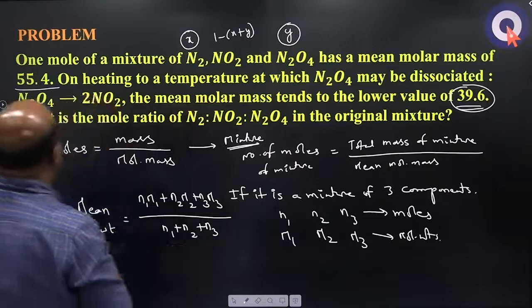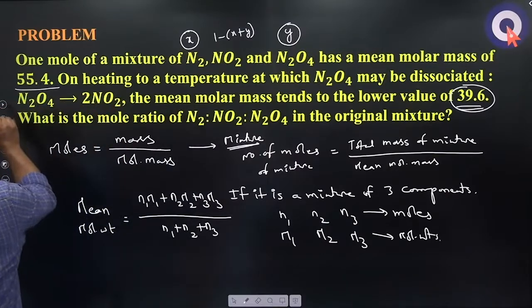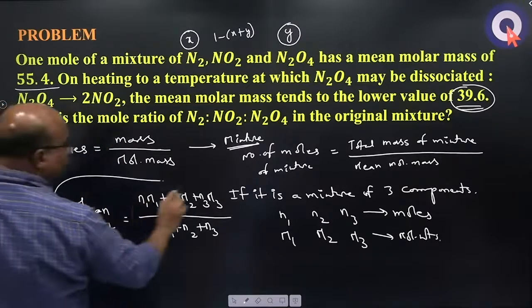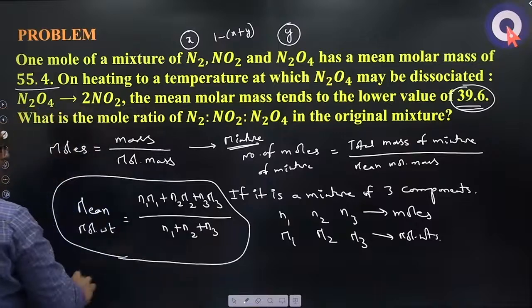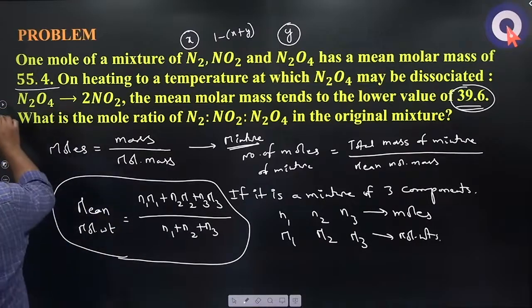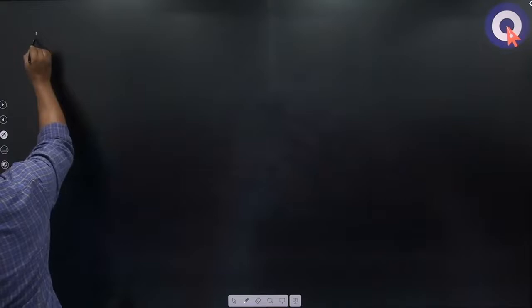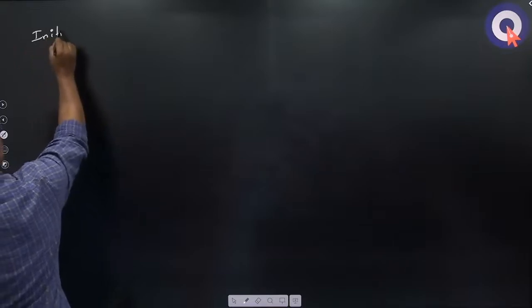Since the number of moles is increased, the mean molecular mass is decreased. So we apply this relation to the initial and final situations. What is the initial situation?